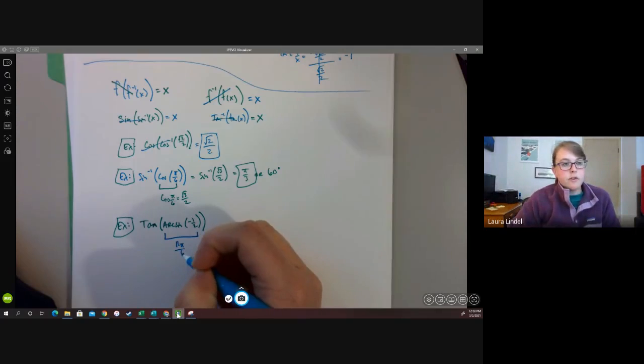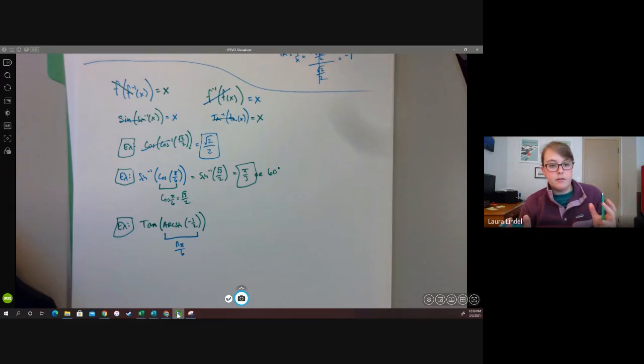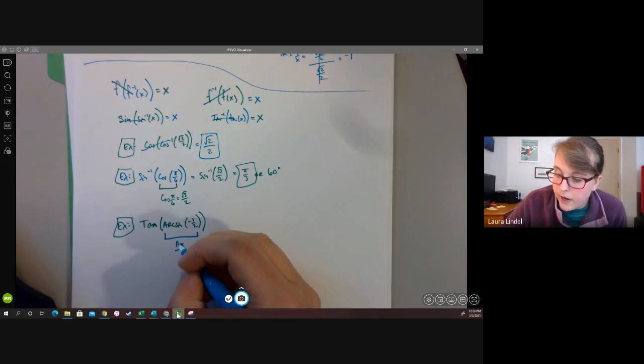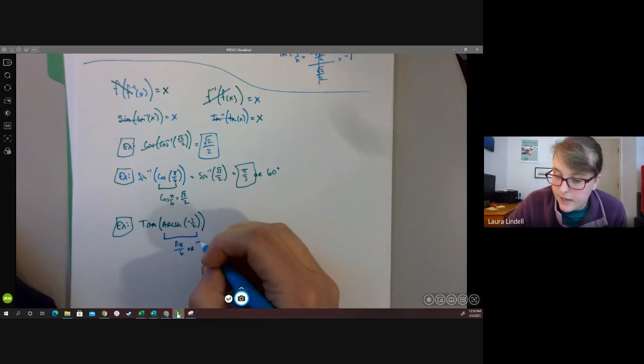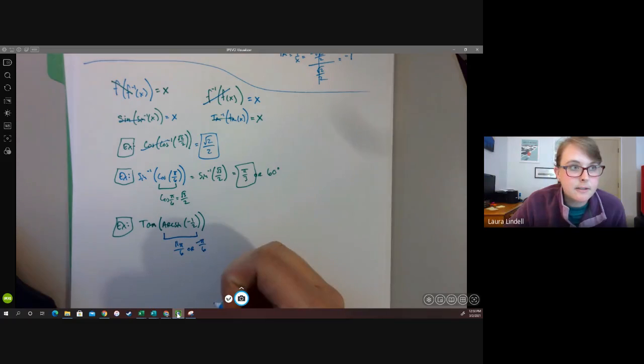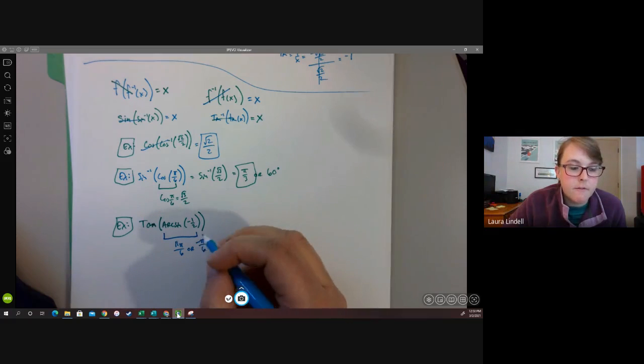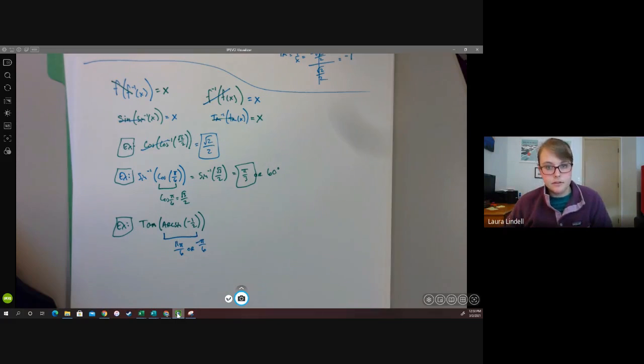But 11 pi over 6 doesn't fit into that range of values from negative pi over 2 to positive pi over 2. So I would fix this really quick: 11 pi over 6 is the same thing as -pi over 6. And this would be the value that fits into my range.